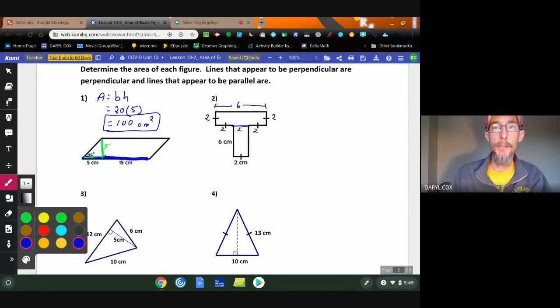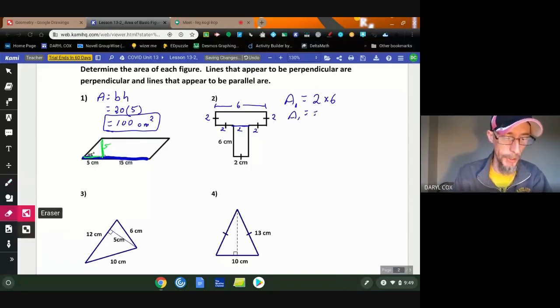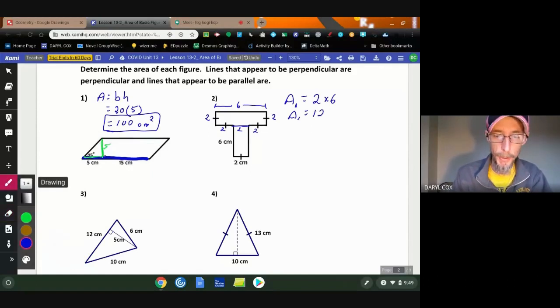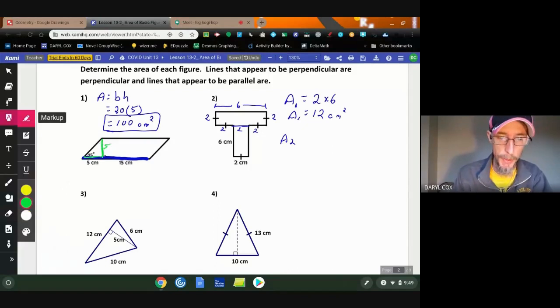So now I have 2 separate rectangles. I have one rectangle, I'll call it area number 1, that is 2 by 6. So area number 1 is, whoops, why did I put 2 equal signs? Area number 1 is a measurement of 12 square centimeters. Area number 2 is going to be this area in here.